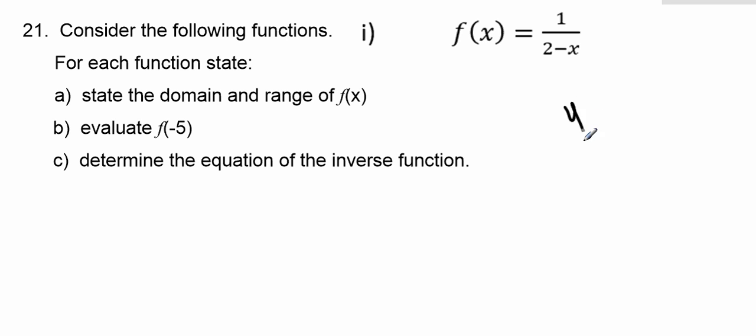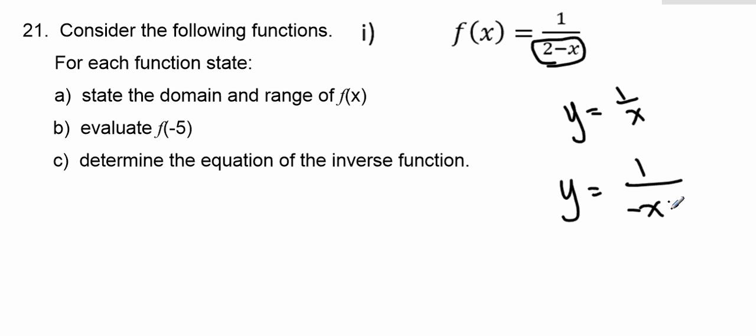It's obviously based on the function y equals 1 over x, but I want to rewrite it because I don't like seeing 2 minus x. I don't know what to do with that. So instead of writing 2 minus x, we're going to write negative x plus 2. I haven't changed anything. I still have negative x and I still have positive 2.